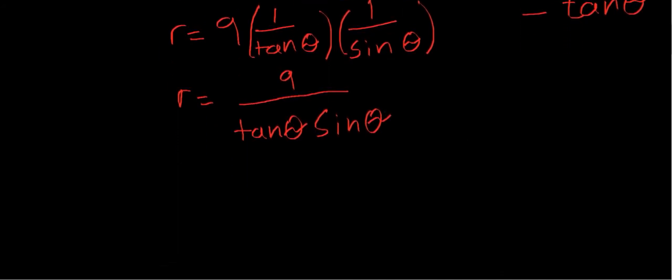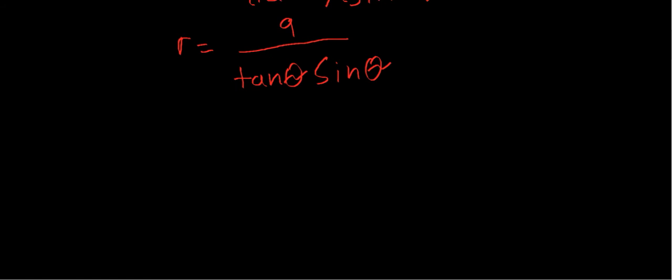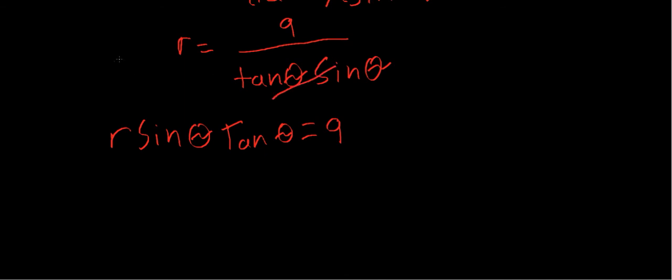Now I'm going to multiply both sides by tan theta sine theta, and then I get r sine theta tan theta equals 9. You see what I did? I just multiplied both sides by tan theta sine theta. This canceled out, and I had a tan theta sine theta on that end. And now I'm left with something I can put in terms of x and y.